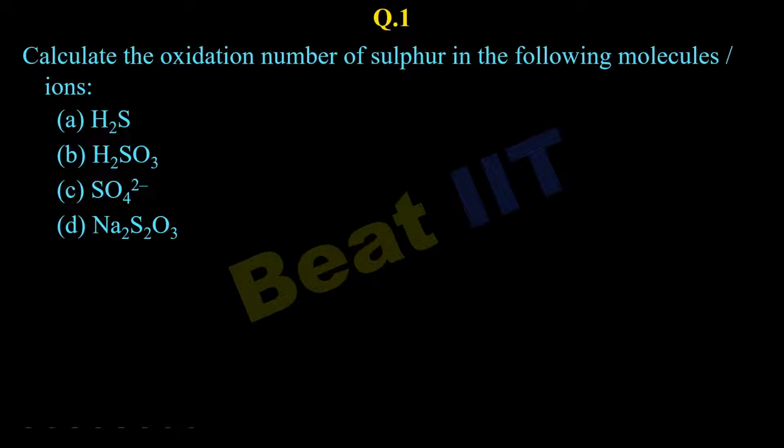Next, Na2S2O3. Here sodium will always have oxidation state +1 in all of its compounds, no exception. Group 1 elements always +1. So the sum of all oxidation states here will be 0. In this case, 2 sodiums, each +1, so 2 times +1, plus 2 sulfurs, say it is 2X, then 3 oxygens, normal oxide, so 3 times -2, and the sum will be 0.